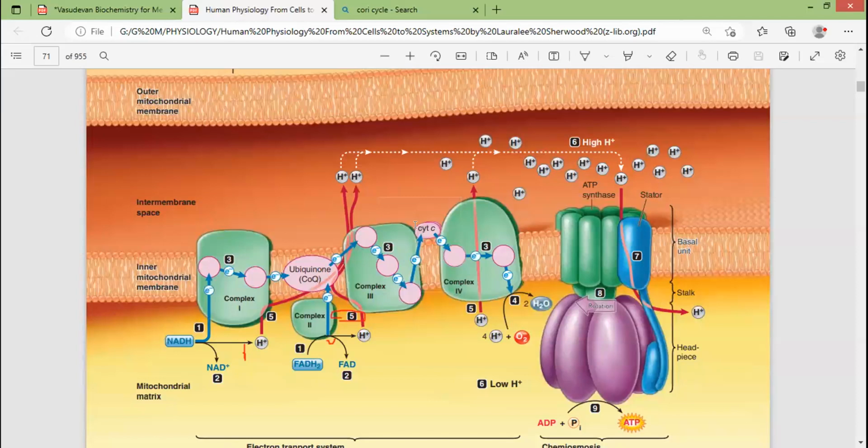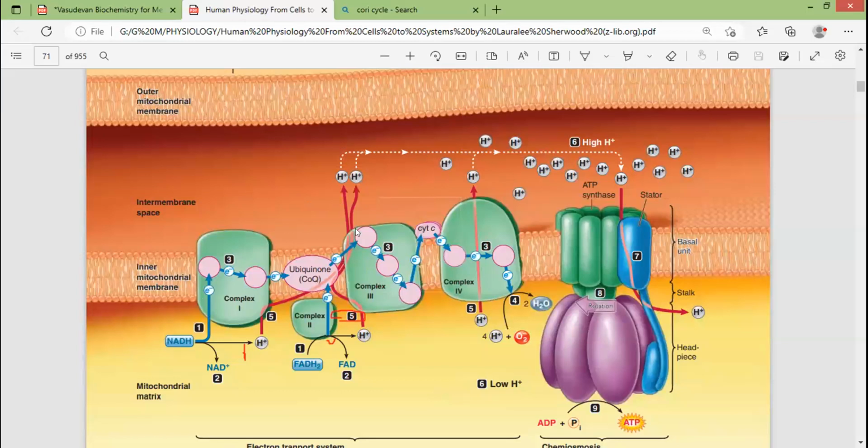It's utilized by these complexes to do what? To transport hydrogen into the intermembrane space, right? So as this electron is working, it's releasing some energy, and now complex 3 and 4 are like, hey, let's chase away these hydrogens. The complexes push the hydrogens to this intermembrane space, and now hydrogen accumulates in the intermembrane space, right?